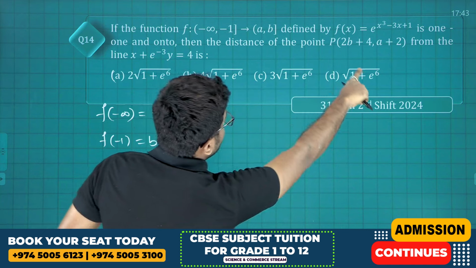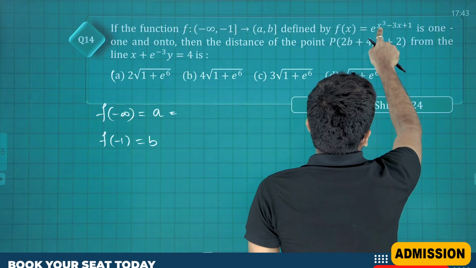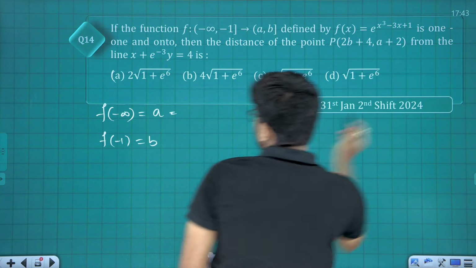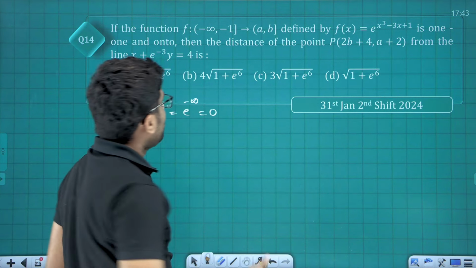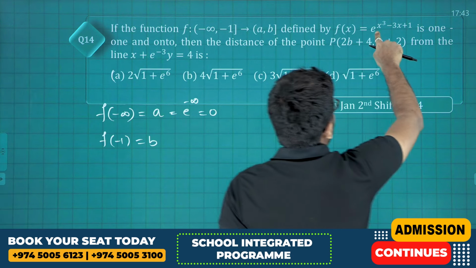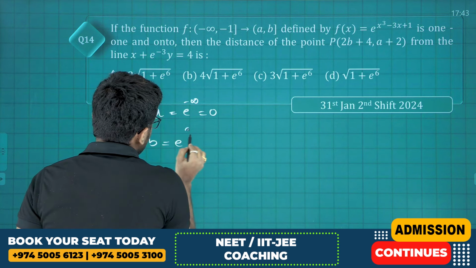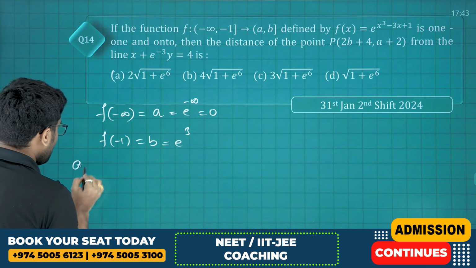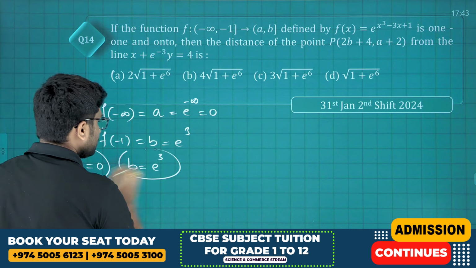When you put x equal to minus infinity, we get e power minus infinity whole cube minus 1, which is equal to 0. Okay. Next, a is equal to 0. When you put x equal to 1, we get e power 3. So b is equal to e power 3. So finally we got a is 0, b is equal to e power 3.